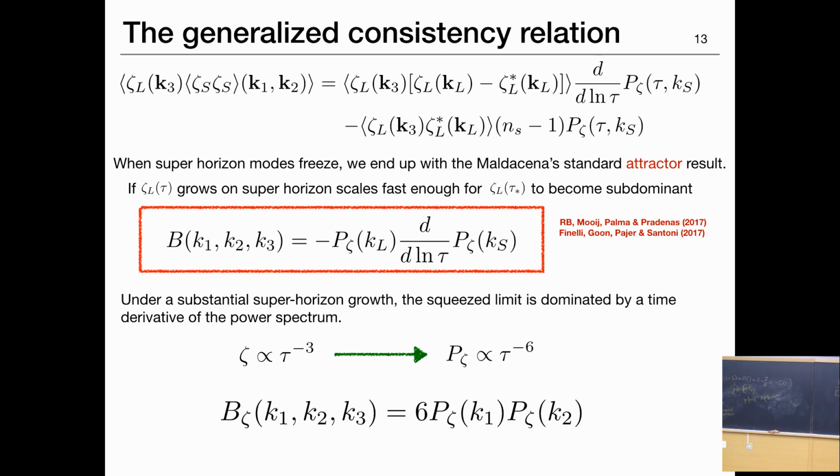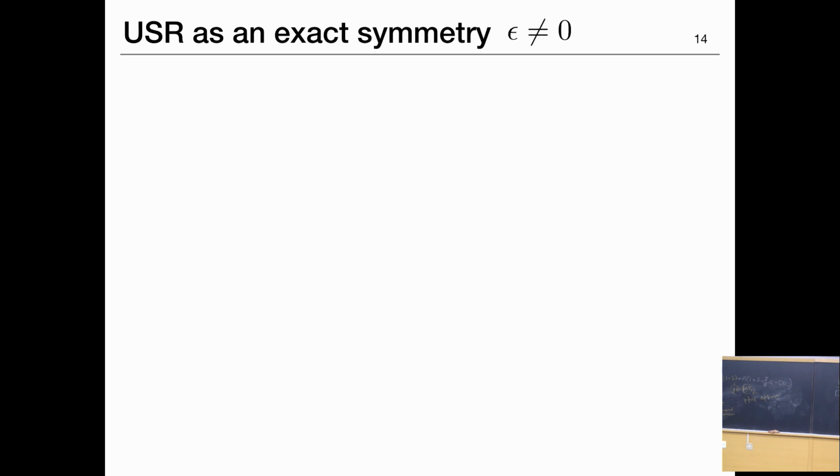So this is a good consistency check that the relation is good. What is also interesting about this derivation is that in the previous case I used that the epsilon parameter is equal to 0. But this is not a necessary condition.